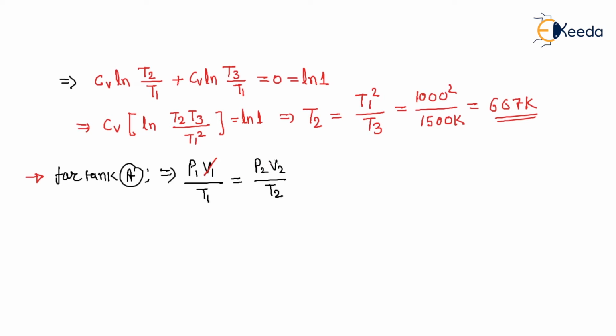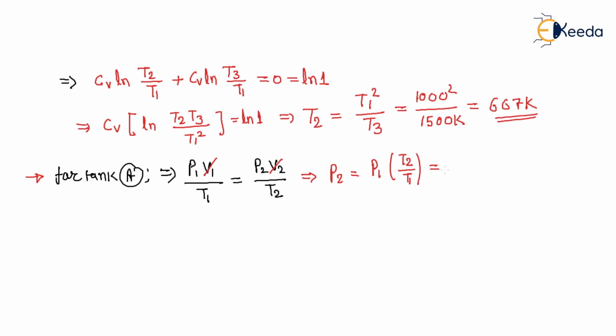So this is a rigid tank. Now what is your final pressure P2? P2 is P1 T2 by T1, right?